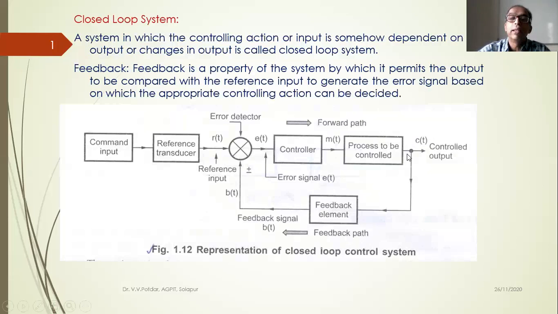There will not be any signal that is sensed and compared. But in closed loop system, you have a feedback, a sensor will be placed inside the process of the system and it will be giving the actual value of the controlled output and it will be compared at the comparative stage. And it will be compared with the set value. And whatever is the error signal, that is manipulated and that is given to the process. And this process continues till the error becomes zero.